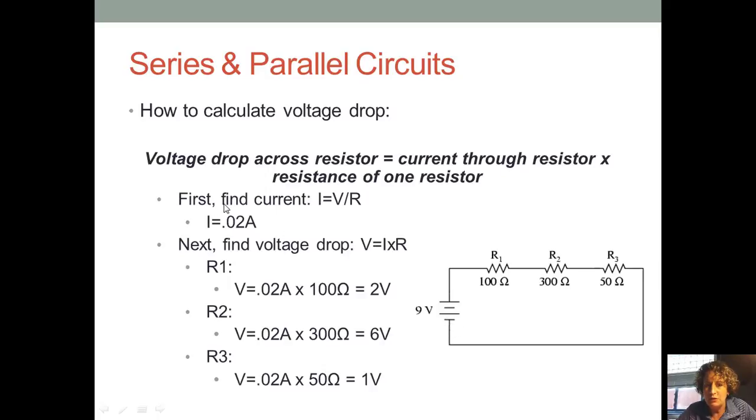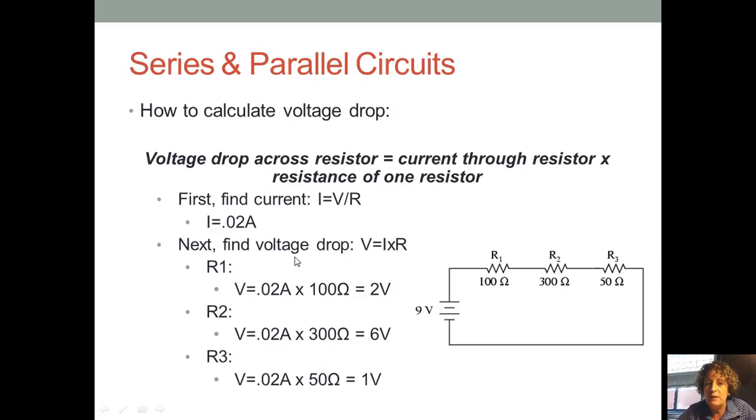So let's go ahead and first find the current. I equals V divided by R. So we know that volts divided by R. Which R? What we need to do is add them up. So in this situation, we have 450 ohms of resistance. So 9 volts divided by 450 ohms of resistance gives us a current of 0.02 amps.